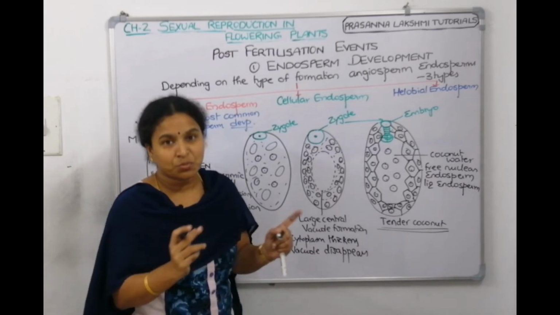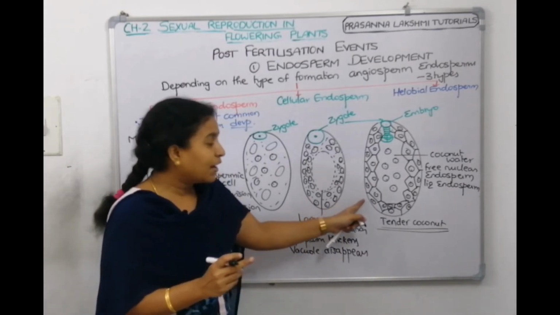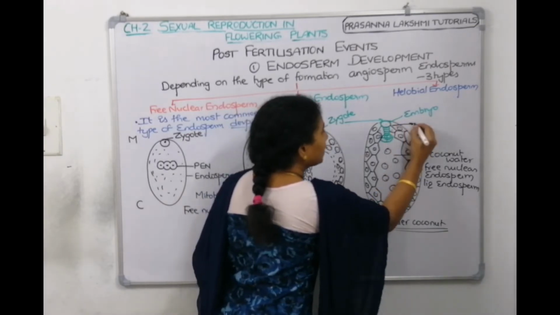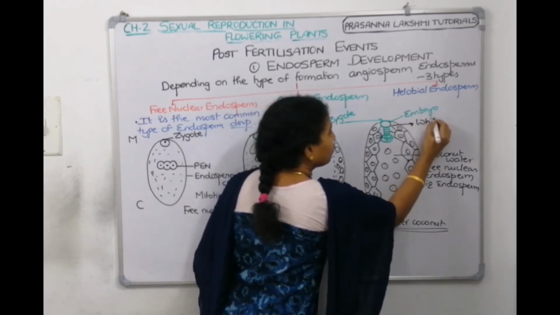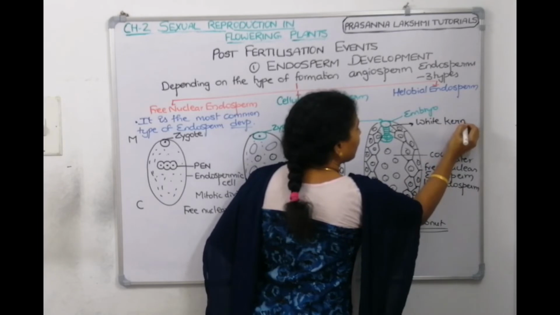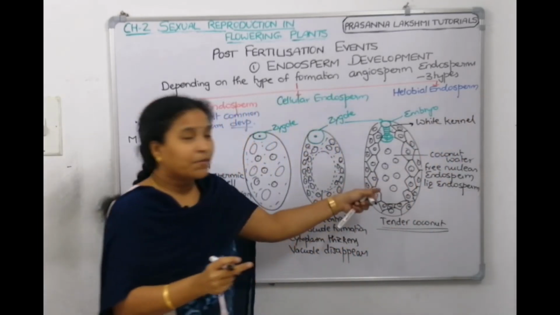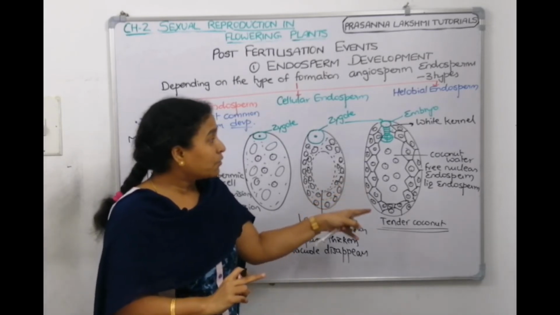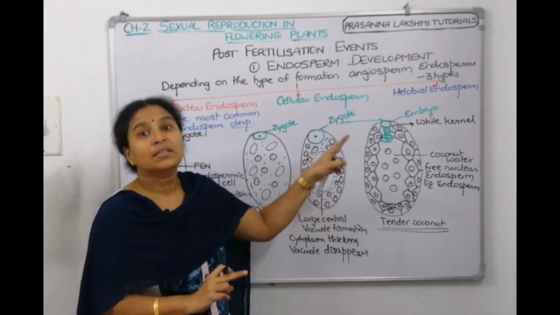As the coconut starts maturing, the peripheral part becomes the white kernel, right? So what is this one called? This is called the white kernel, the white coat. Is the white kernel liquid endosperm or solid endosperm? It is solid. It is cellular endosperm.